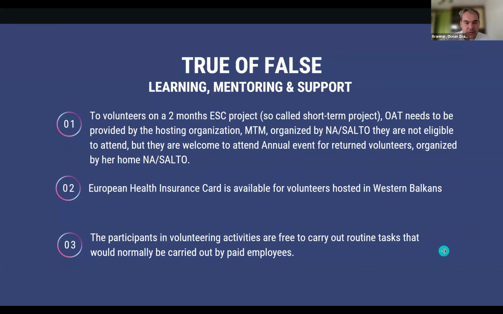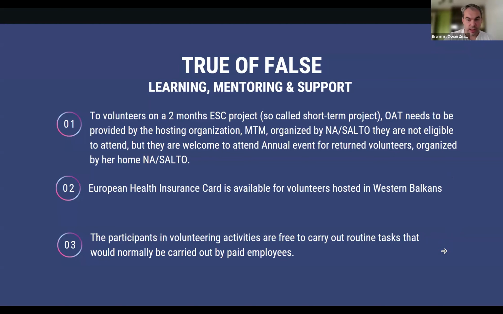Okay, well, the answer is false. Why? What is really important is that a volunteer should never do a job that is so highly responsible that it will influence the stability of the organization, or something that makes them so stressed and requires a certain set of skills to be able to do these tasks.